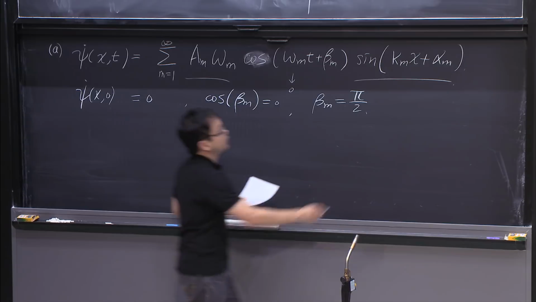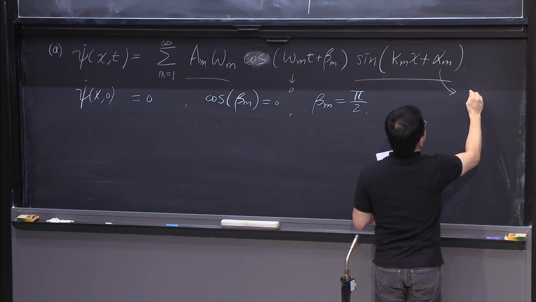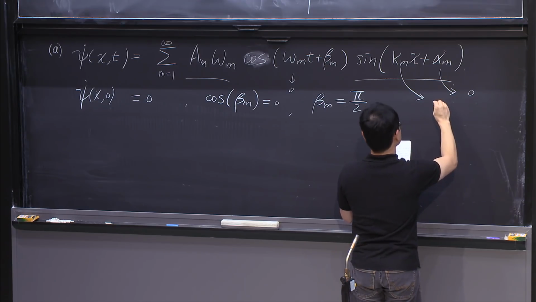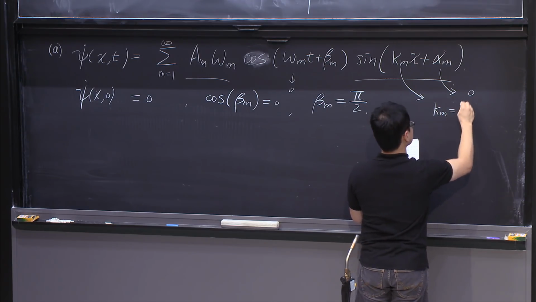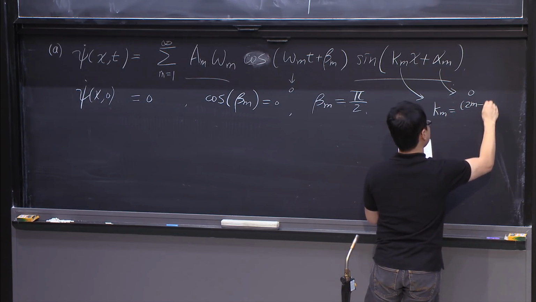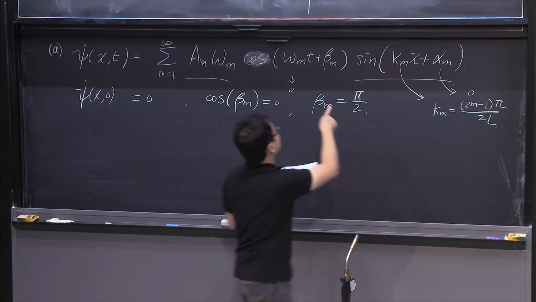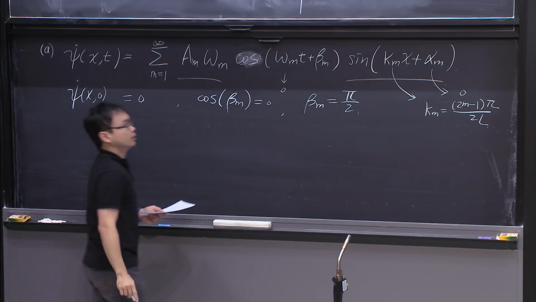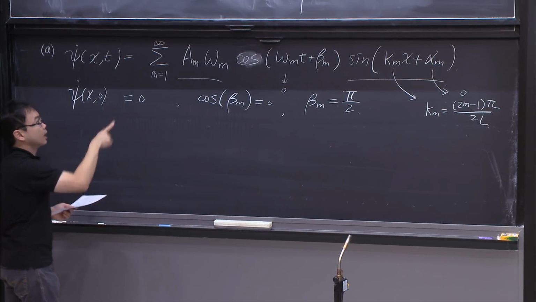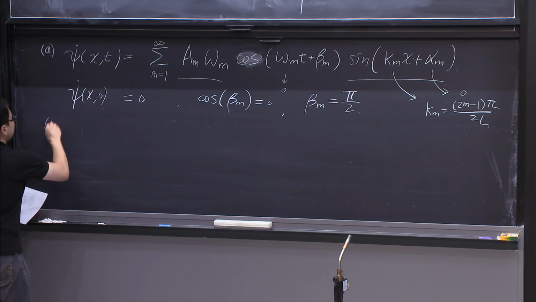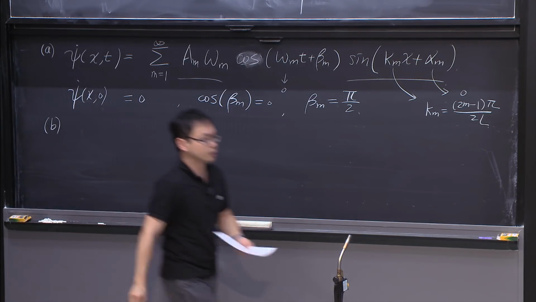And just a reminder, alpha_n is equal to 0 from the previous discussion, and k_n is equal to (2n minus 1) pi divided by 2L. I just want to copy it here because the board is covered by another board. So now I am done with the first initial condition.